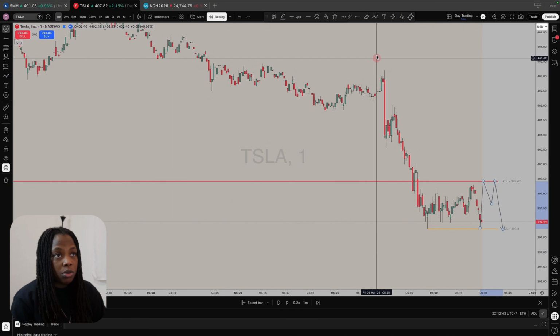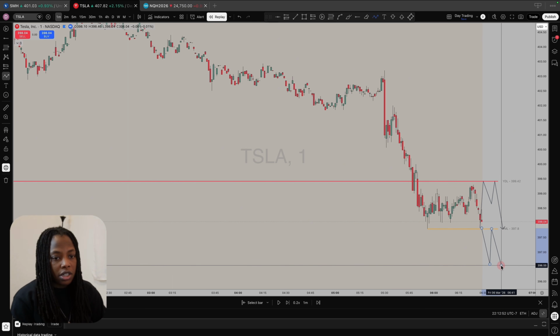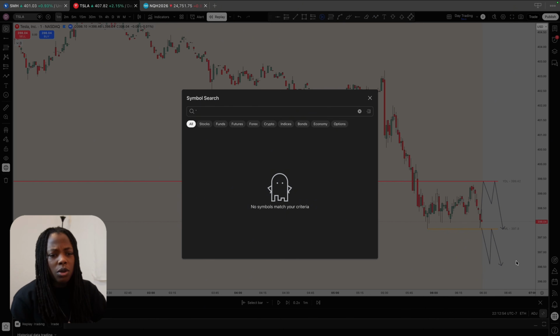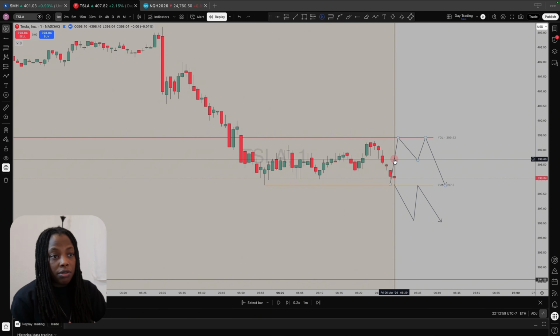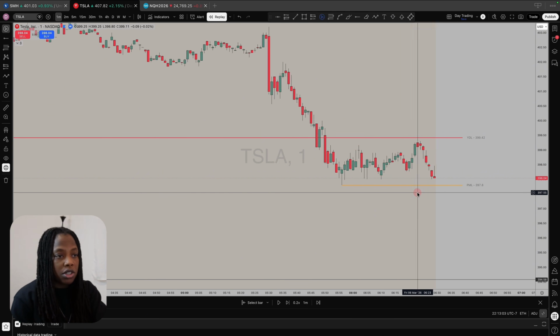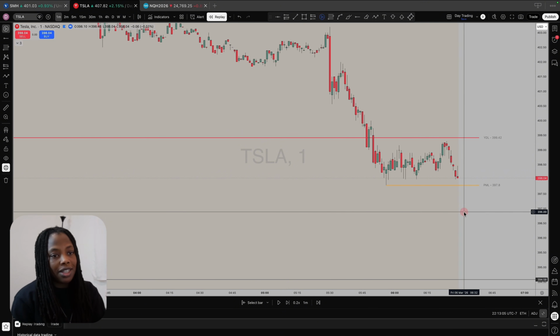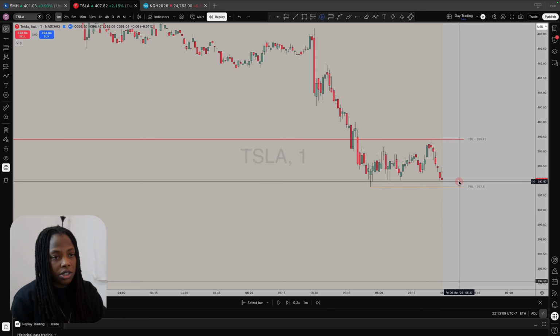Or you could also be looking for a scenario where price does this, comes, retests this level, and then comes down. Or you could also be looking for the 5-minute opening range setup or 15-minute opening range setup. Whatever sets up best and gives you the right criteria.